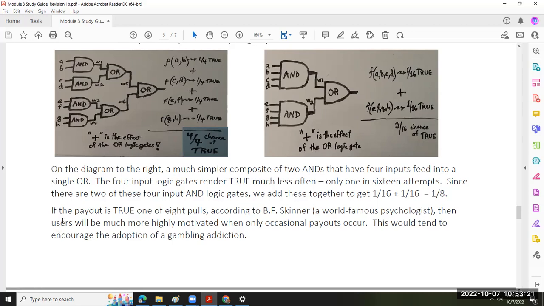The human nature or animal nature. He established this with rats, but we found out it's true with every intelligent organism on the planet. If you intermittently reinforce a thing, that living organism learns very quickly to keep at it. Does everybody get what I'm saying?